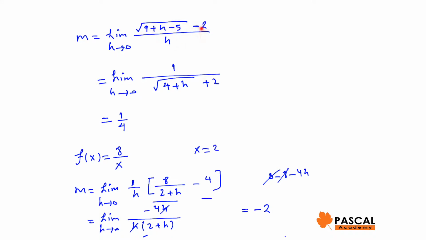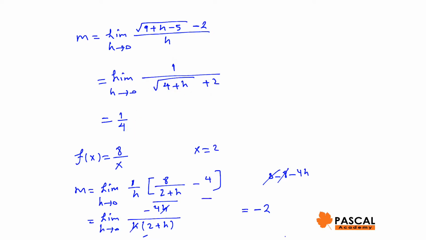The numerator times its conjugate is h. The denominator times the conjugate of the numerator is h times (square root of 4 plus h plus 2). We cancel h from the numerator and the denominator, and as h approaches 0, the limit would be 1 over square root of 4 plus 2, which is 1 over 2 plus 2, 1 over 4.